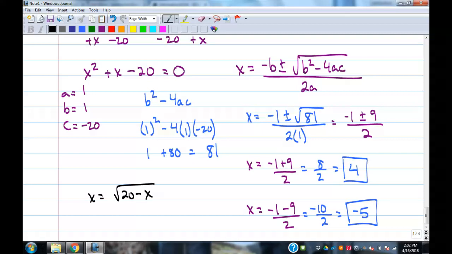Positive 25. 20 minus negative 5 turns into 20 plus 5, which is 25. What's the square root of 25? 5. But over here is what? Negative 5. Does negative 5 equal 5? Never. So that one's thrown out. It's what's called the extraneous solution. It's extra. Okay.